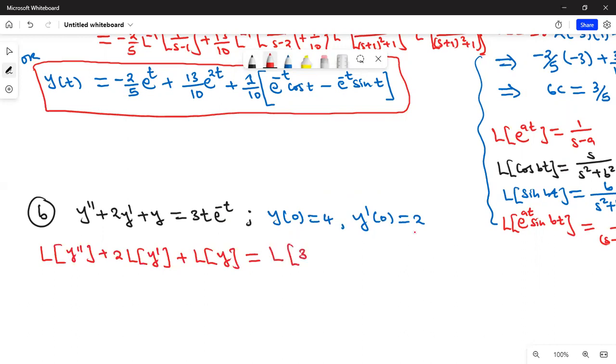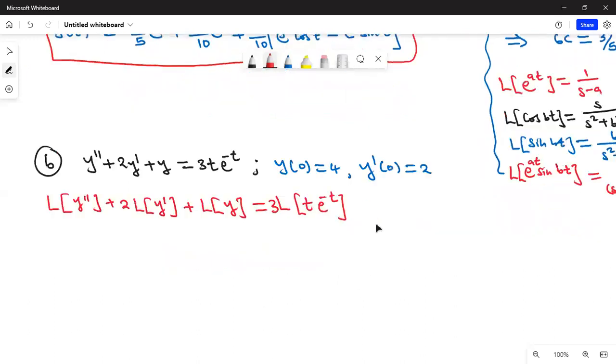Of course 3 is a constant, I can factor that out. So it is equals to 3 times the Laplace transform of t exponential negative t. You see, the constants are being factored out. Why? Because Laplace transform operator is a linear operator. So we talk of the linearity property of the Laplace transform operator.